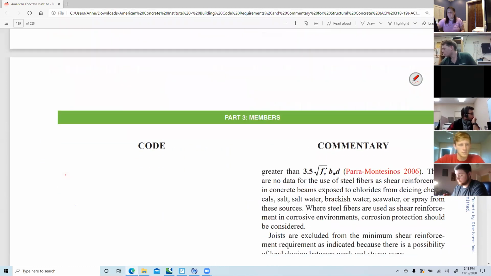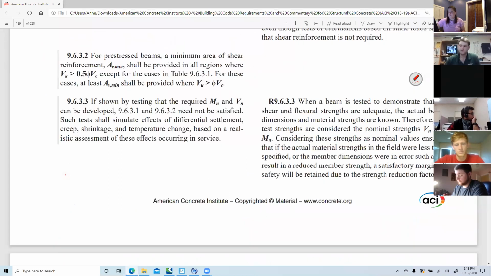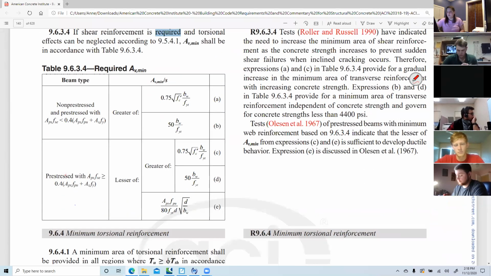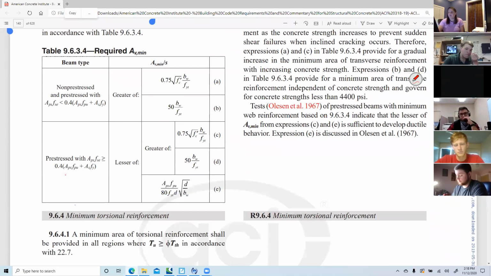We are a non-prestressed beam, so we need the greater of 0.75 square root f'c bw over fyt, or 50 bw over fyt.